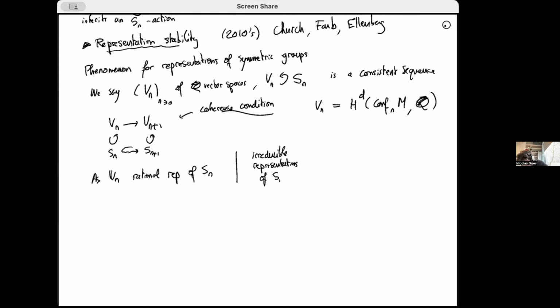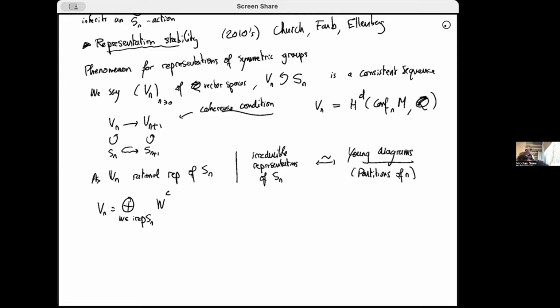Representations of Sn. These are classified by Young diagrams. So partitions of n. And so I can write that Vn is a sum, for every W in the irreducible representations of Sn, of W to a certain power.